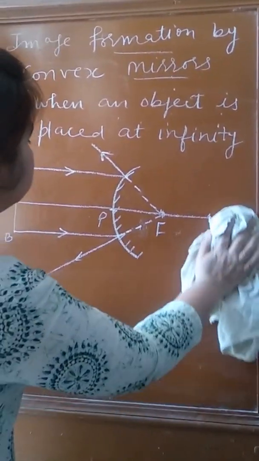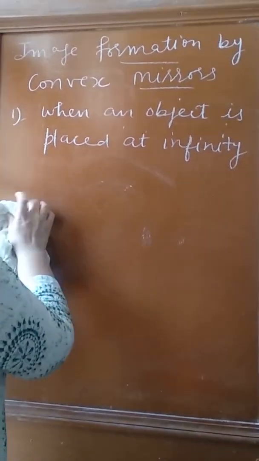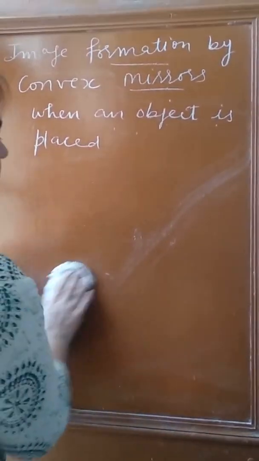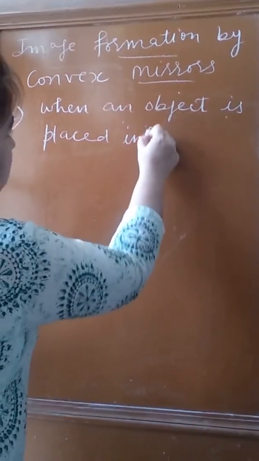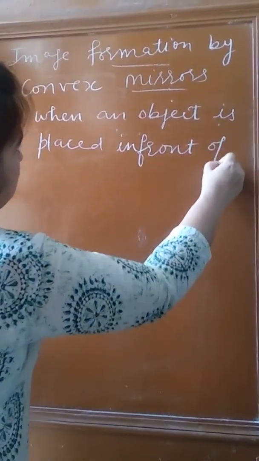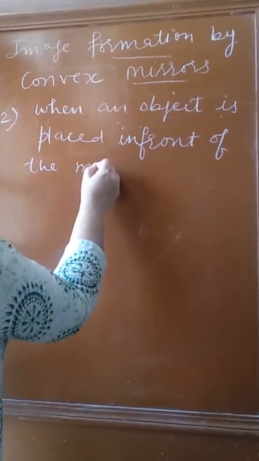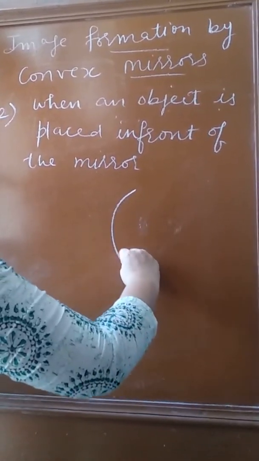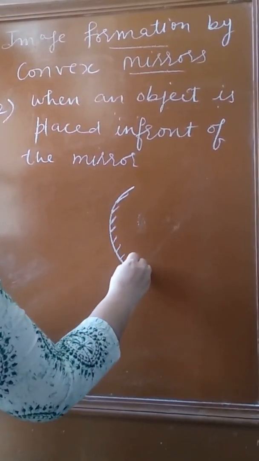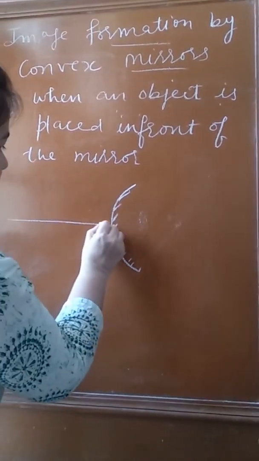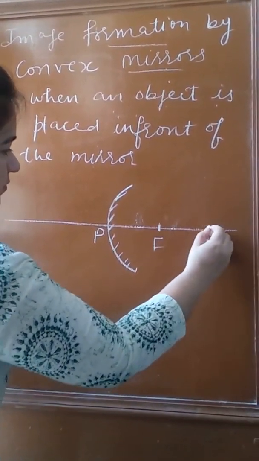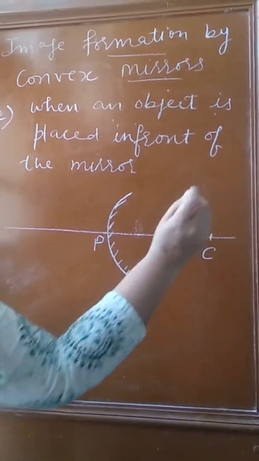Now in the second case, when the object is placed in front of the mirror. In the convex mirror, pole, focus, center of curvature.